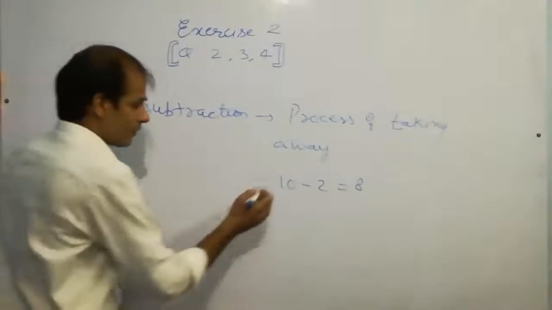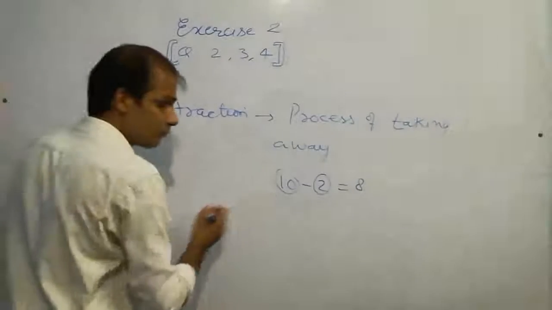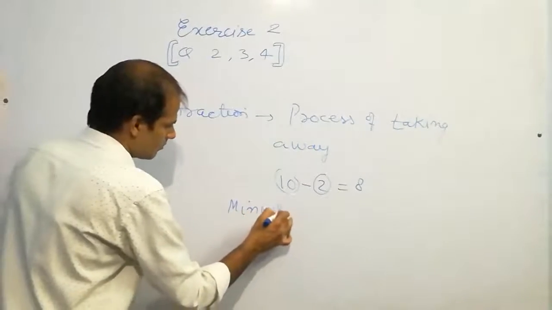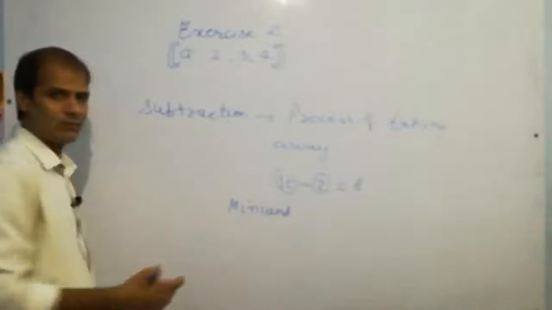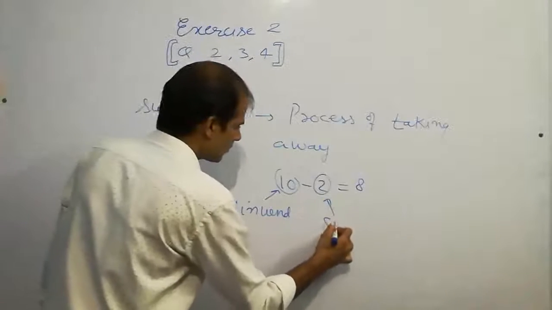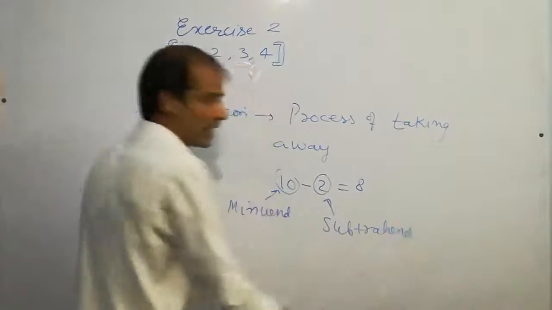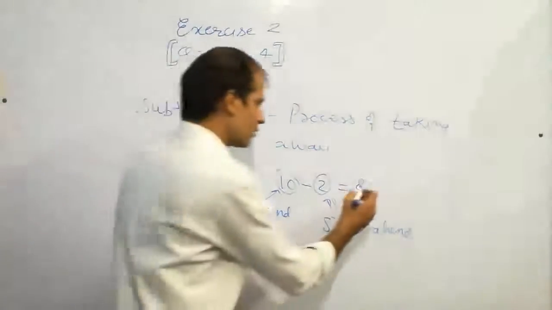Again, both these numbers have some particular name. What is that? It is called minuend. Okay, it is called minuend, and this is called subtrahend. And what is this?